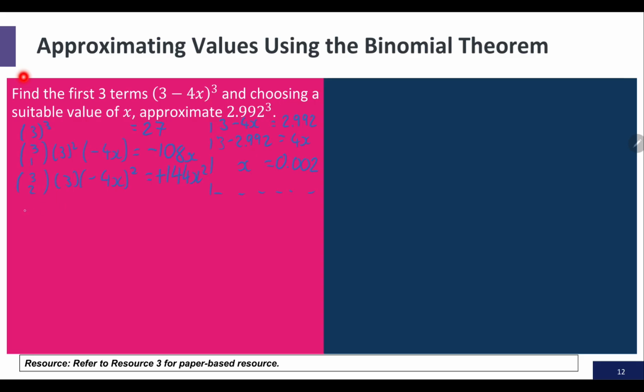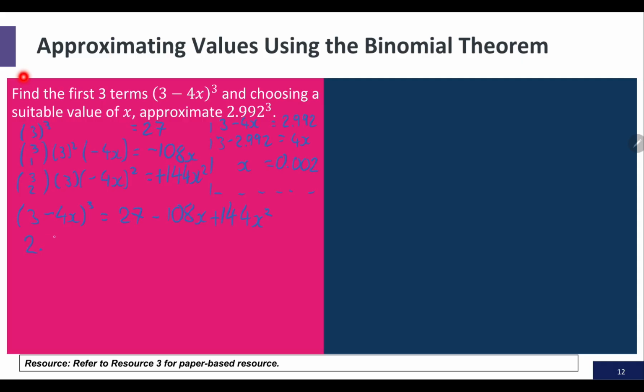So writing that out, 3 minus 4x cubed is equal to 27 minus 108x plus 144x squared. So we are missing one term off.